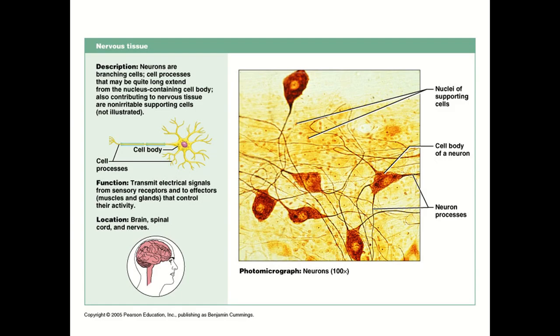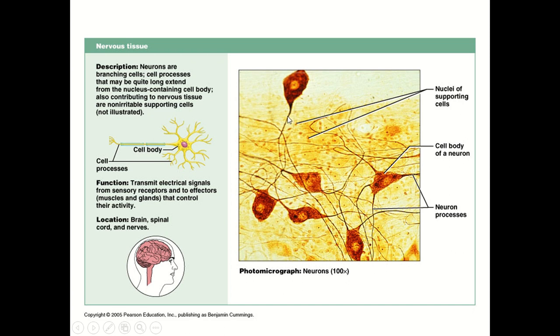So let's look here. Nerves and neurons are branching cells. They have a cell body. This part is called the cell body, which contains the nucleus. Meanwhile, the elongated part here is called the axon, which transmits the nerve impulse.